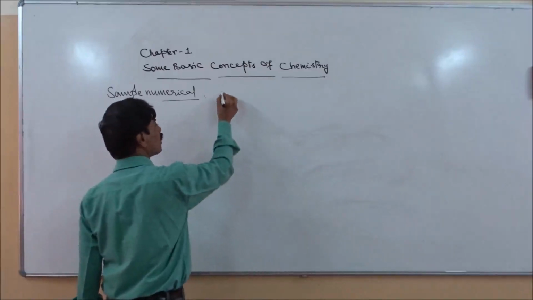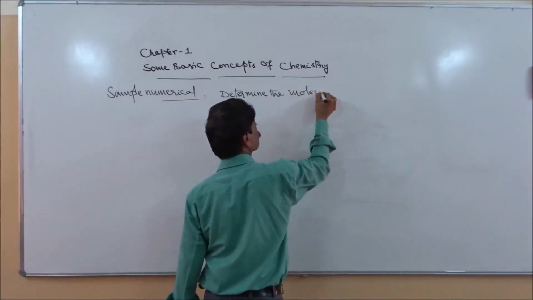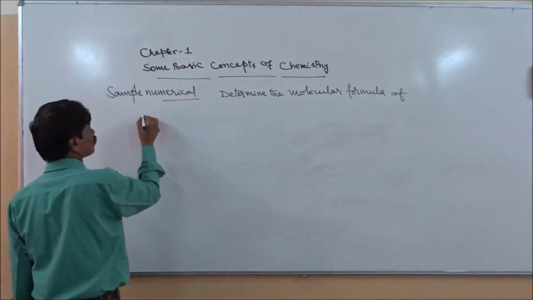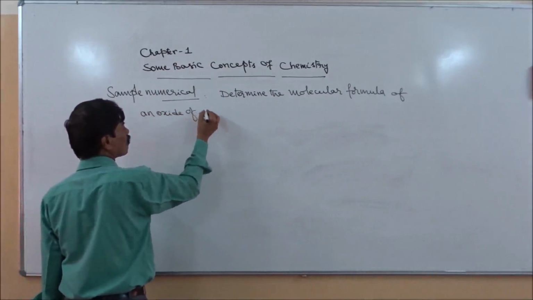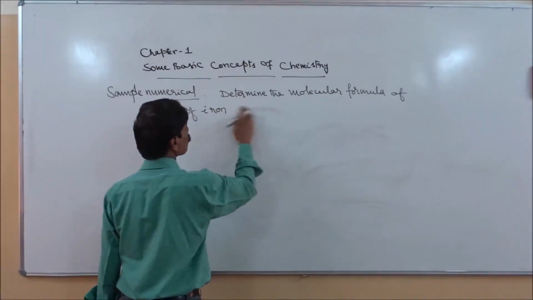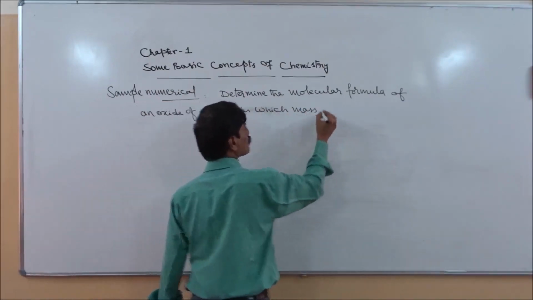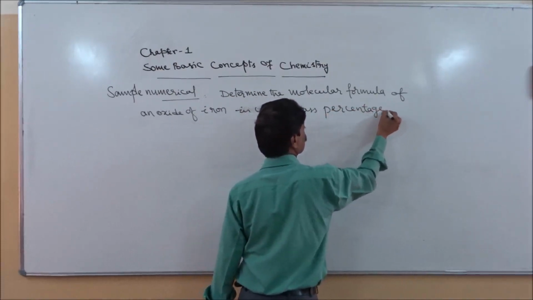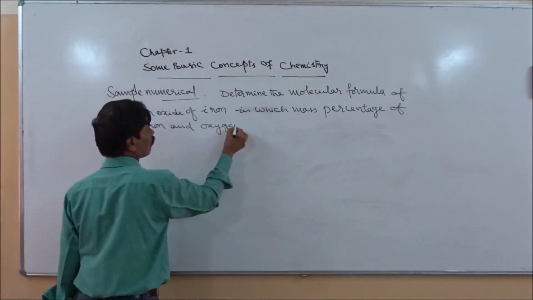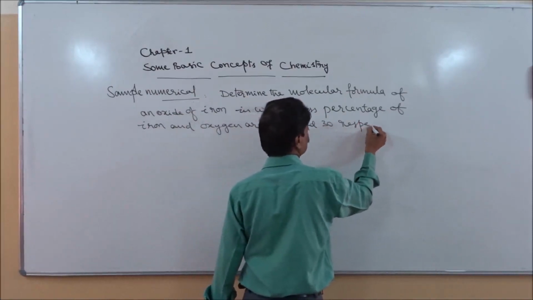It is like this. Determine the molecular formula of an oxide of iron in which the mass percentages of iron and oxygen are 70 and 30 respectively.